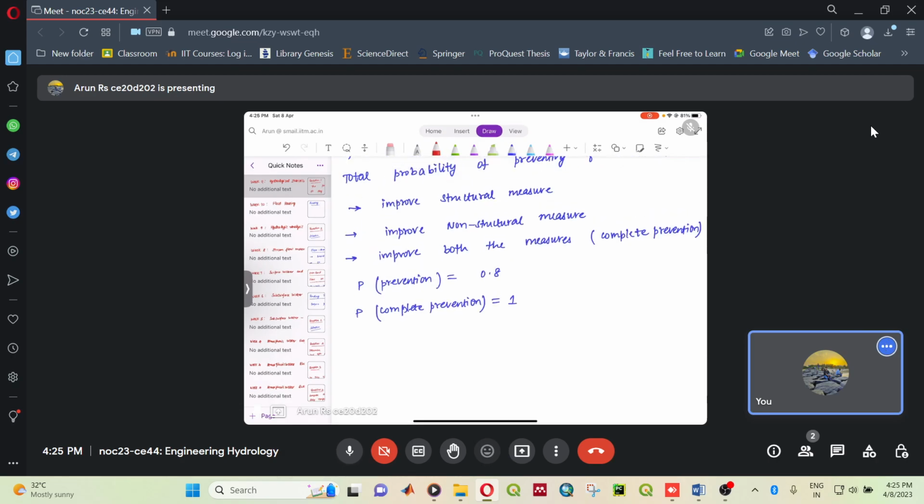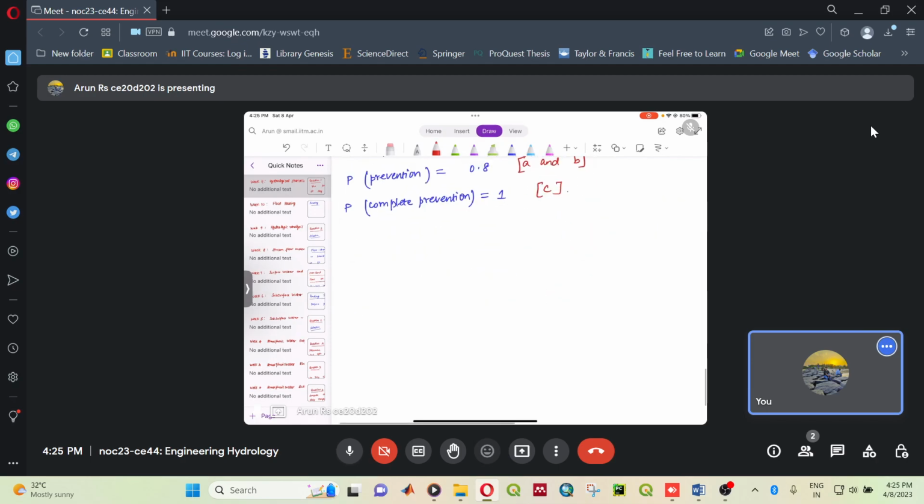So if I name it as case A, B and C, this is for A and B, and this is for C. So now we need to find out the total probability of prevention.